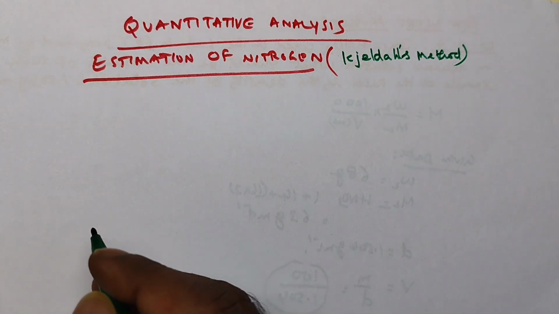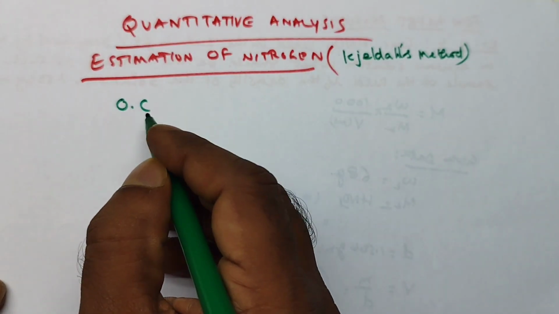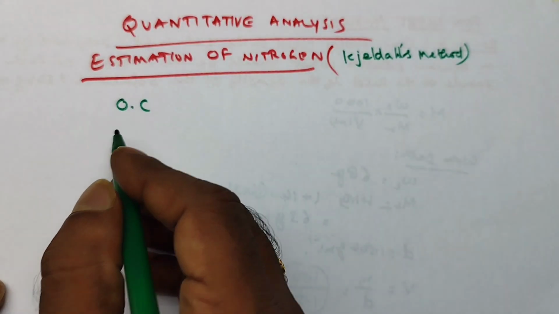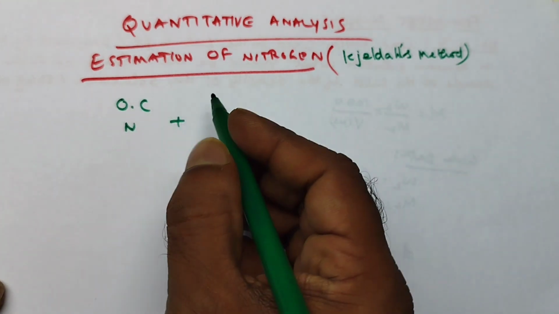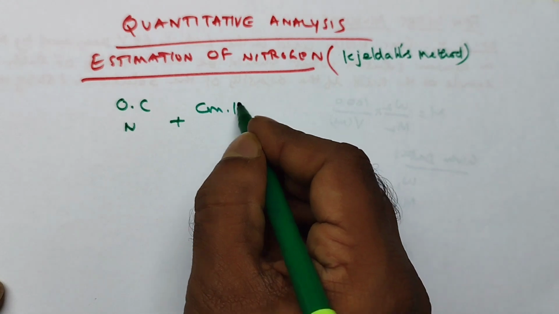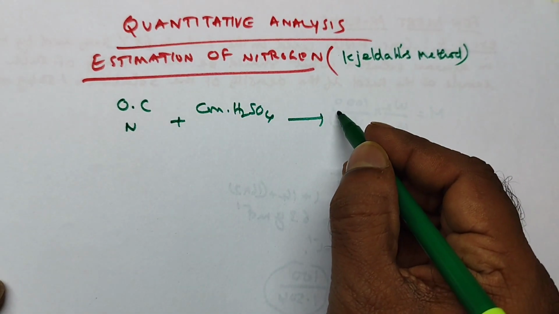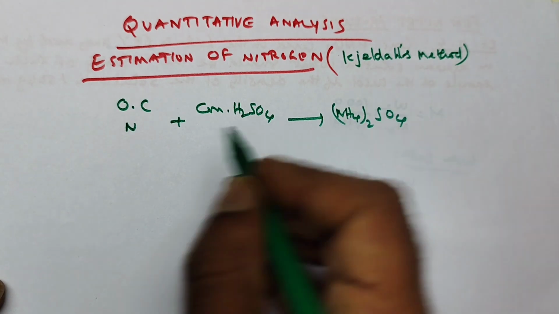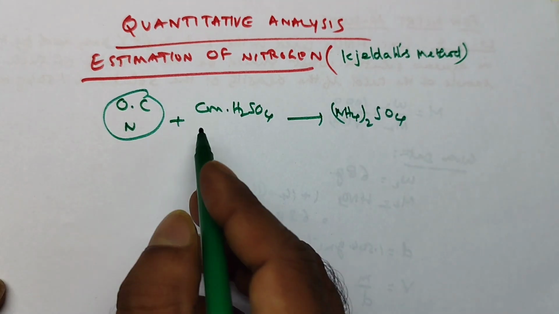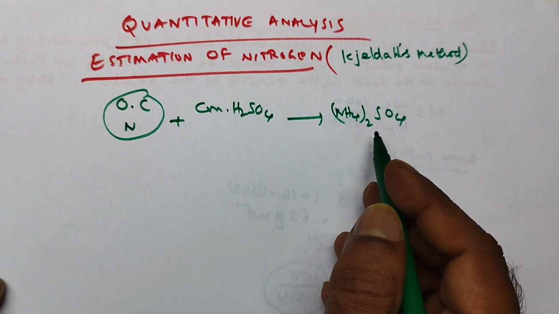In the Kjeldahl method, first you take an organic compound in which we suspect nitrogen is present. When it is treated with concentrated sulfuric acid, the nitrogen present in the organic compound reacts with the concentrated sulfuric acid and forms a salt, ammonium sulfate, (NH4)2SO4.